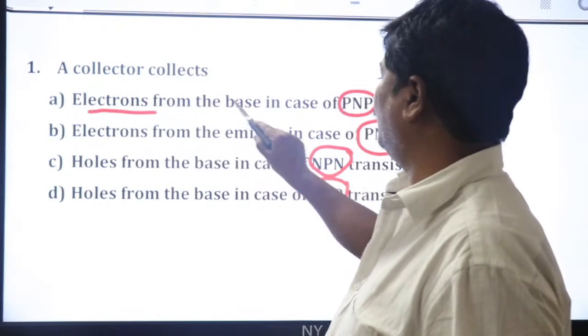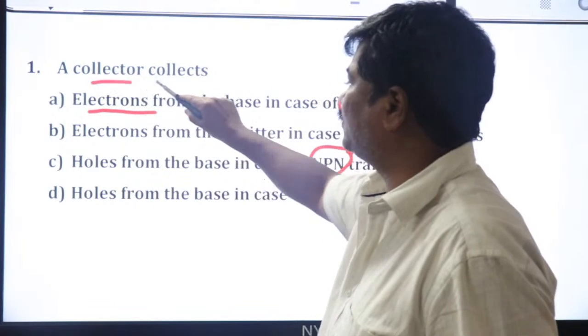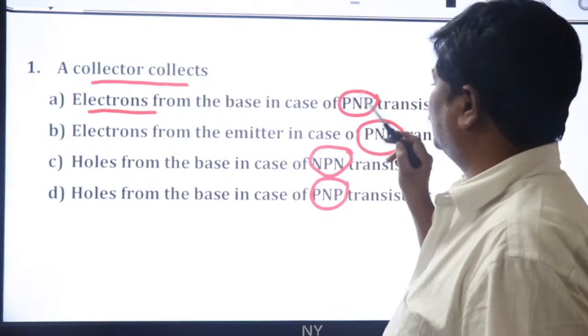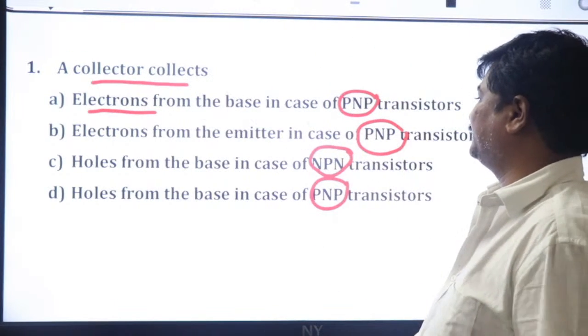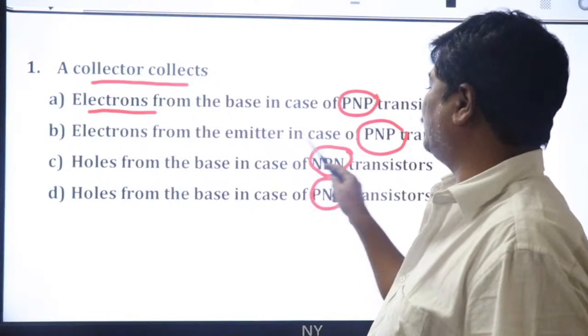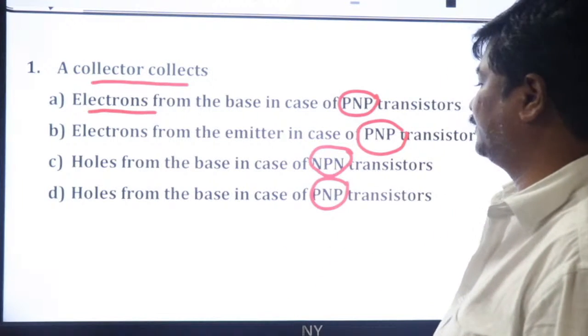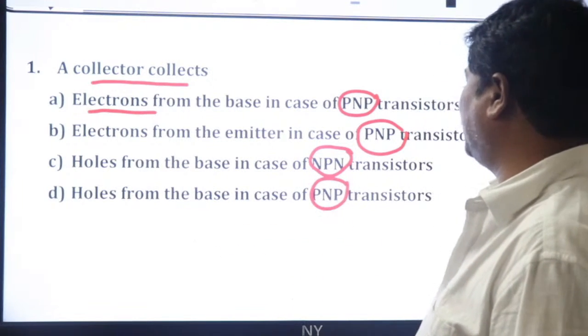Electrons from the base, collector will collect. Electrons from the emitter. Holes from the base in case of PNP transistor.